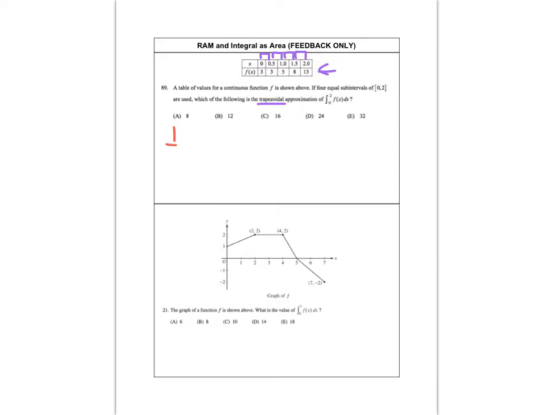So we know we need 1/2 times base 1 plus base 2, 3 plus 3, and times an interval of 1/2. That's my first one. I'll do a second one in different colors so we can keep these separate. 1/2 times 3 plus 5 times 1/2 for the width of the interval.